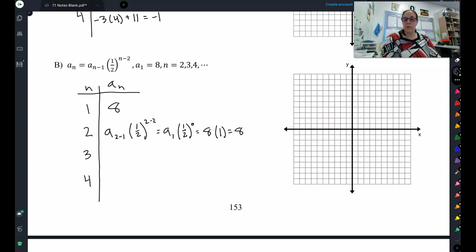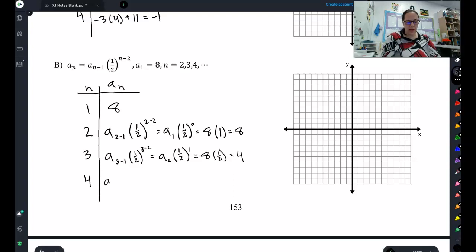So now let's plug 3 into that equation. So I plug 3 in for n. So here that becomes a sub 2 and 1/2, oops, that should be a 2, to the first. And I just found out what a sub 2 is from the line above. A sub 2 is 8, times 1/2 gives me 4.